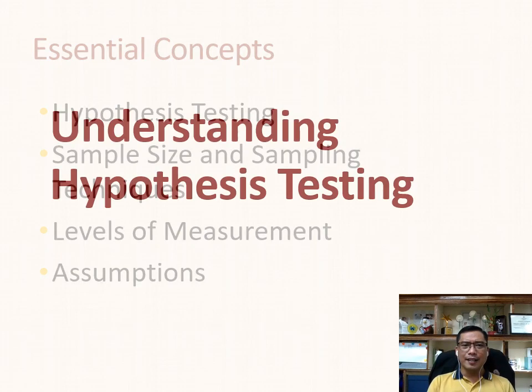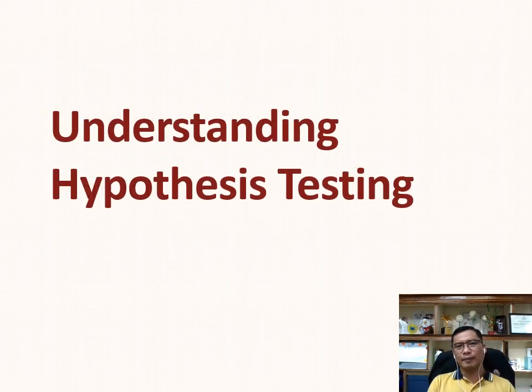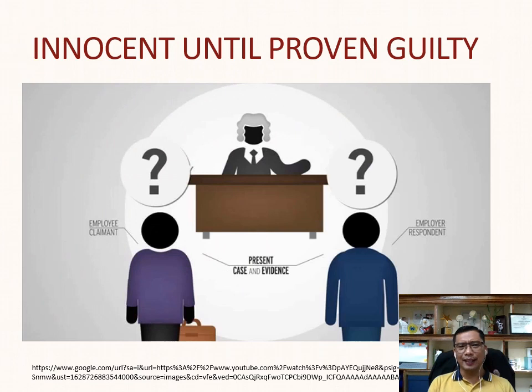Okay? So, just a brief backgrounder or reviewer of hypothesis testing. We understand that it's just like in court cases, wherein there would be two sides. One would push that the defendant is guilty, then the other would want to defend.